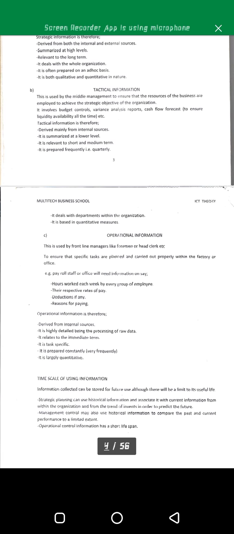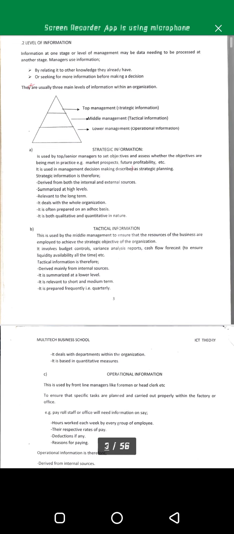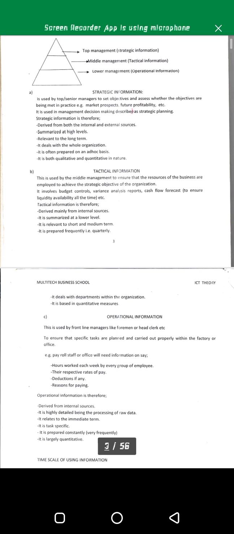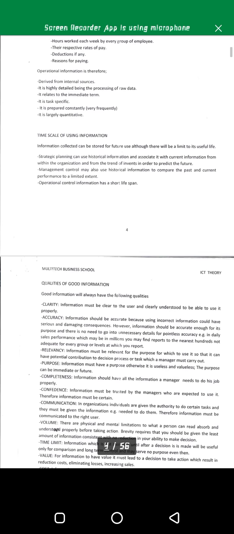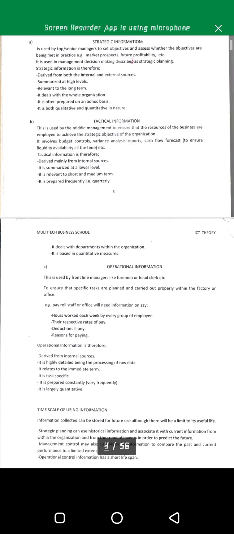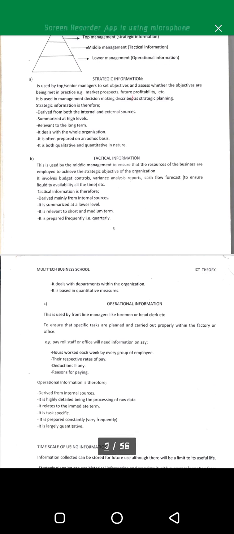Then tactical information. So we're talking about middle management, because it's middle management that use tactical information. This is used by middle management to ensure that the resources of the business are employed to achieve the strategic objective of the organization.